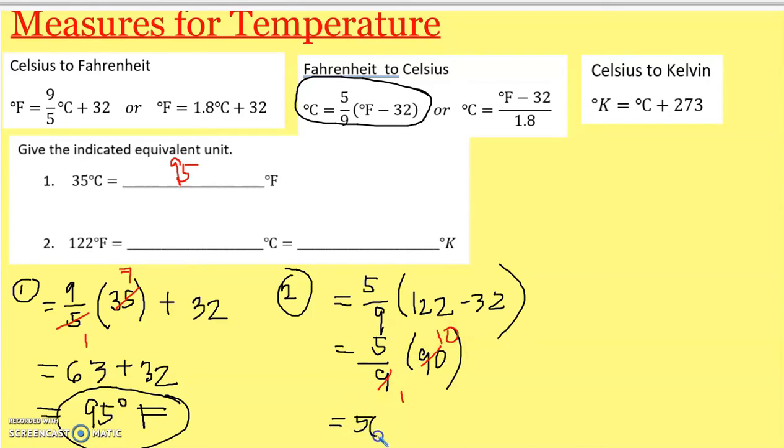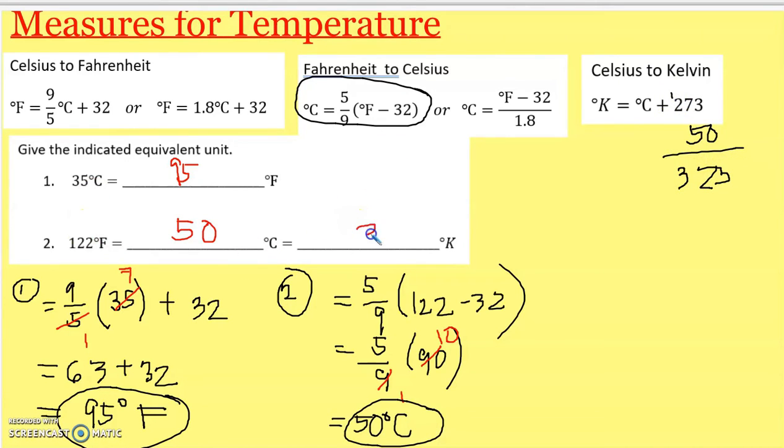There you have 50 degrees Celsius. We write that in the first blank. Then convert to Kelvin. Since 50 is a Celsius temperature already, we just add 273 to it. So we write 273 added to 50 vertically. Easier, right? We have 3 here, 12, carry 1, we have 3. So we have 323 degrees Kelvin.